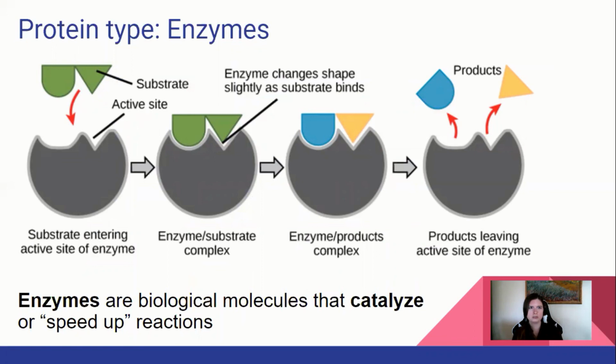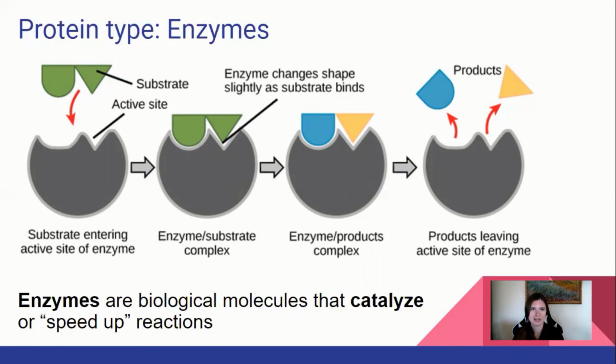Now, a special protein type that I want to highlight before we finish this section of our macromolecule class is enzymes. We're going to talk about enzymes more when we talk about metabolism at the end of this course. But I want you to note that enzymes are a type of protein where, again, the structure, the shape of the protein, really matters.